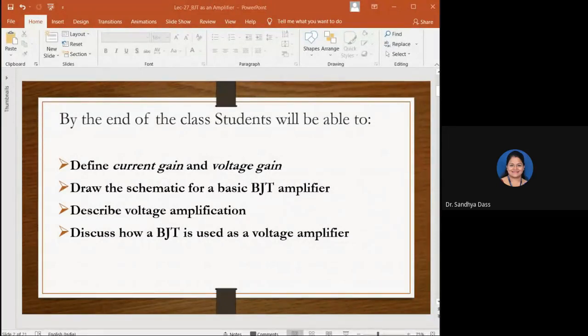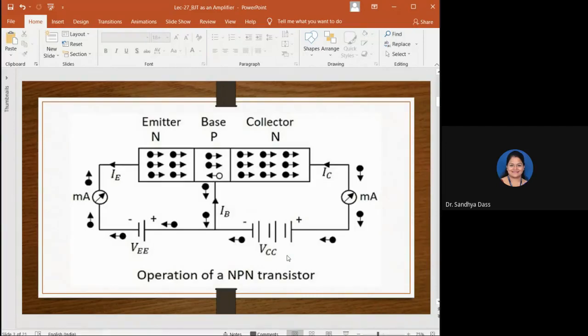Quick recap of what we discussed. There are two types of BJTs, NPN and PNP. If a P-type material is sandwiched between two N-type materials, it is an NPN transistor.